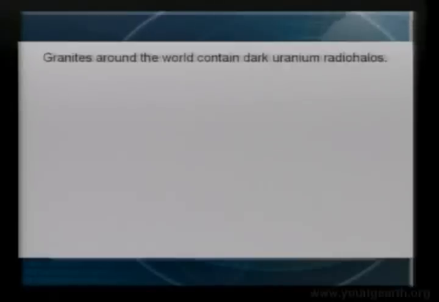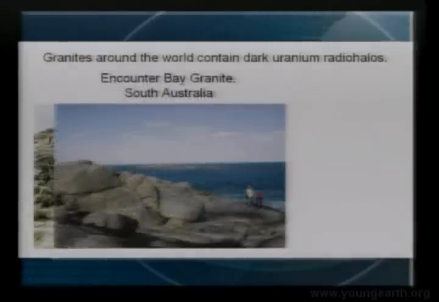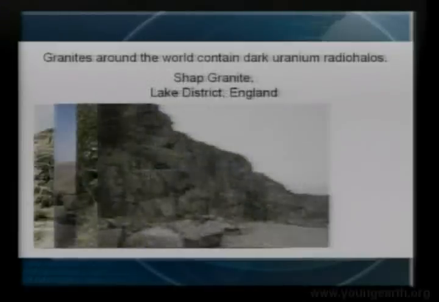Now, granites around the world contain these dark uranium radiohalos. There's a number of granites that I've looked at in the Grand Canyon, in southern Australia, in southeastern Australia, in the Lake District of England. In fact, I'm going to talk about that granite in a paper at the conference in Pittsburgh next month.